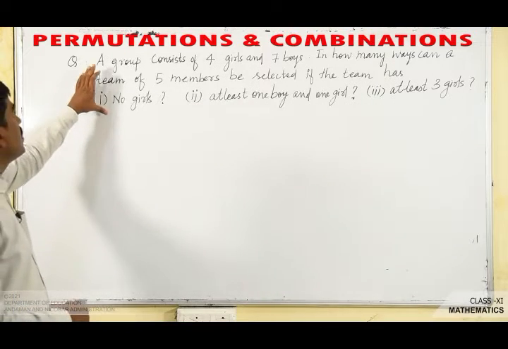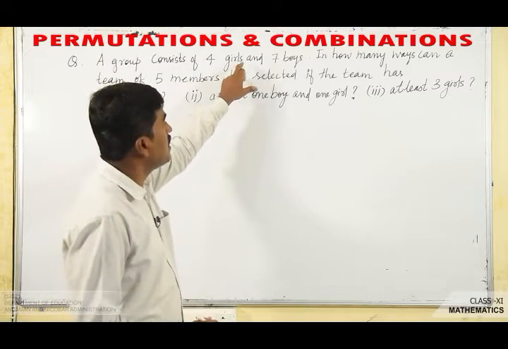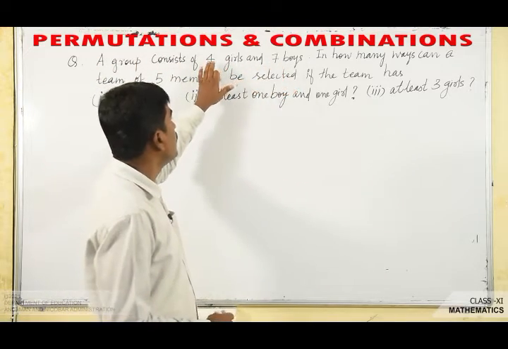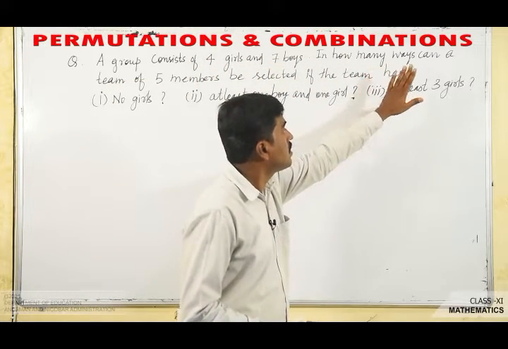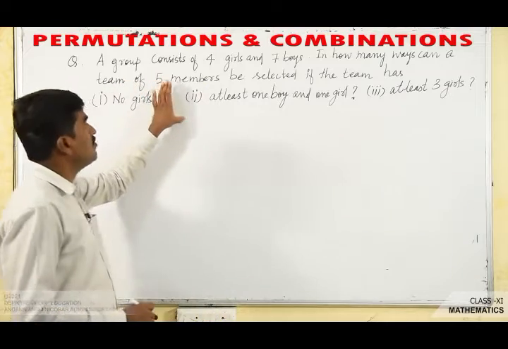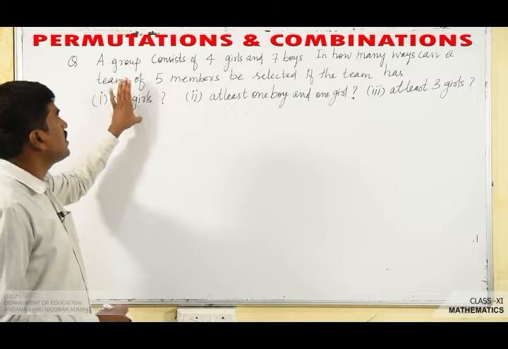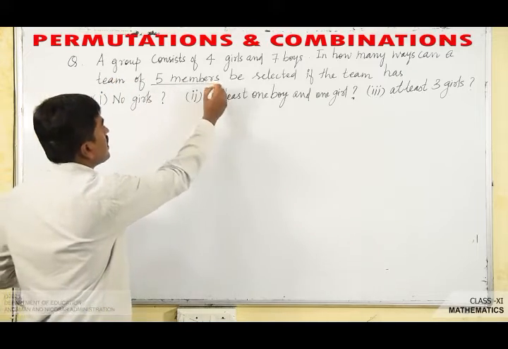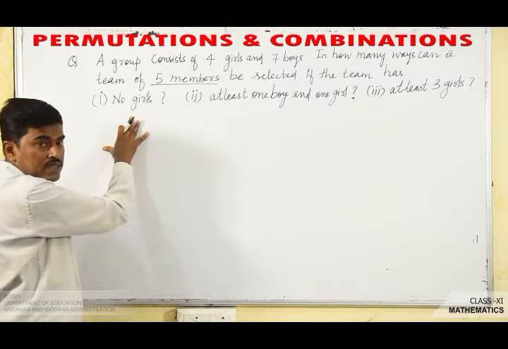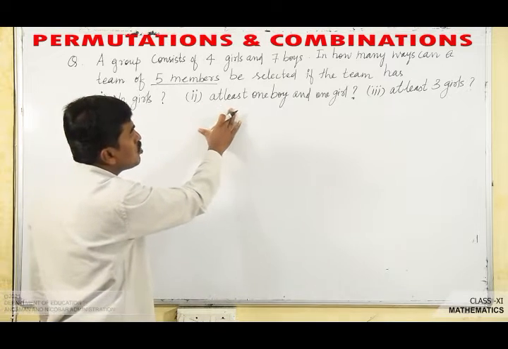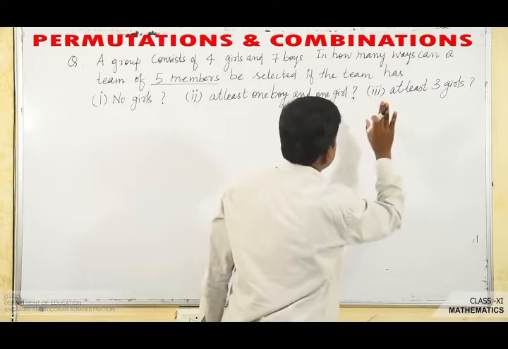The question is, a group consists of 4 girls and 7 boys. There are 4 girls and 7 boys. In how many ways can a team of 5 members be selected if the team has number 1, no girls; number 2, at least 1 boy and 1 girl; number 3, at least 3 girls.